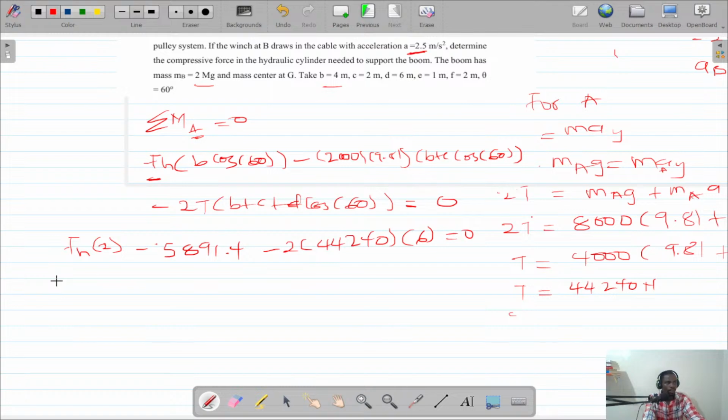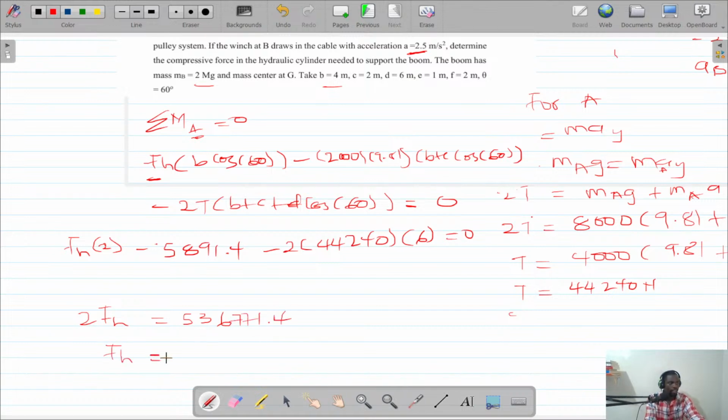So we're going to have 2 times Fh equal to, so we have minus 5891.4 minus 2 multiplying 44240 multiplying 6, so it's equal to 536,771.4.